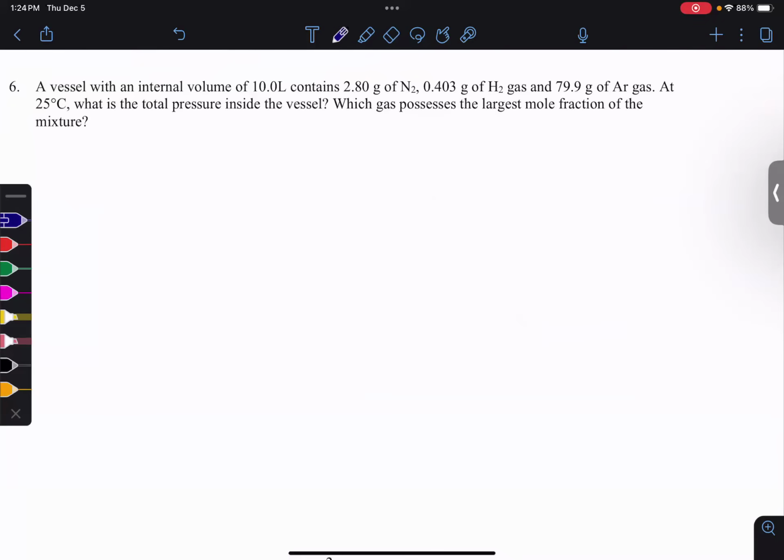This is the idea of partial pressures, all right? When you and I actually interact with mixtures of gases way more often than pure gases. So the nice thing about working with mixtures is we can treat them individually or all together. When you have a mixture of gases, let's say nitrogen and oxygen in the same container, nitrogen exerts a partial pressure.